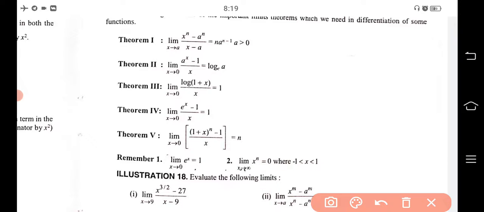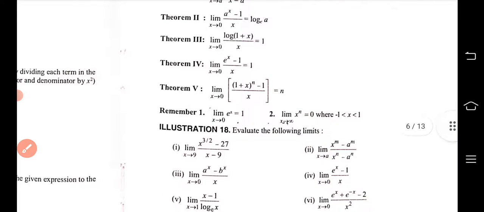And the fifth theorem is that the limit x tends to 0 of (1 plus x) whole to the power n minus 1, divided by x, is equal to n. So the limit of this would be n. We shall discuss them one by one.